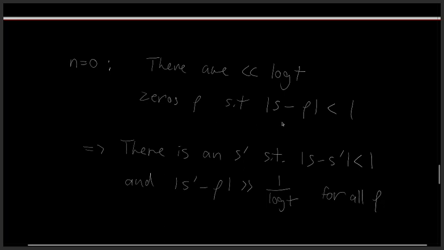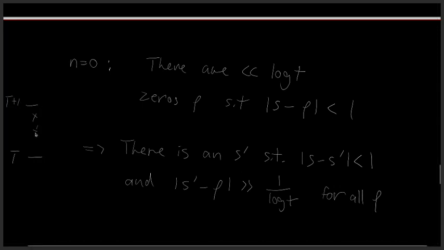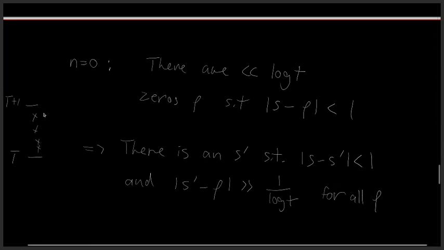Again, because there are log T of them in this little chunk of size 1. We've got T, and we've got T plus 1, and then we've got our zeros. And because there are log T zeros here, there has to be somewhere where we can get at least a gap of 1 over log T.